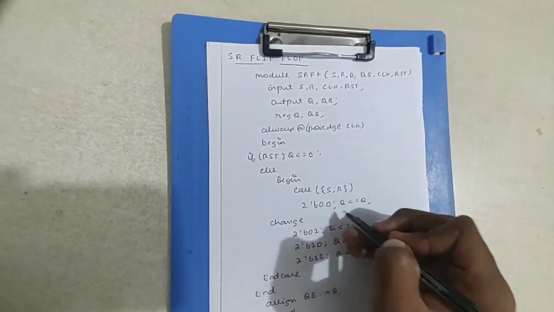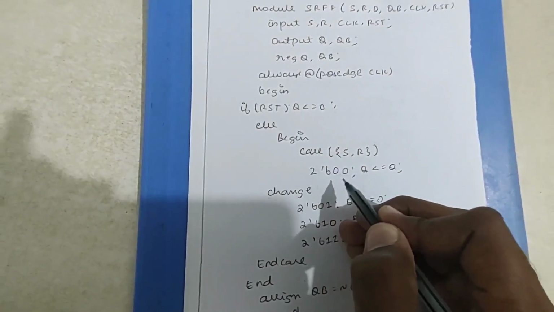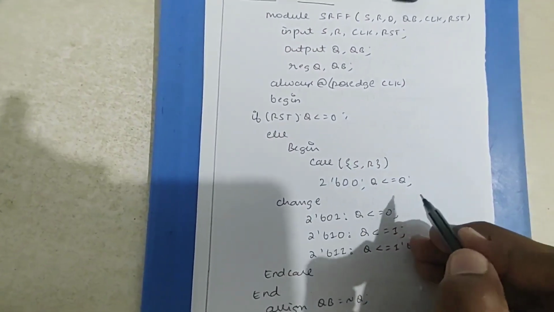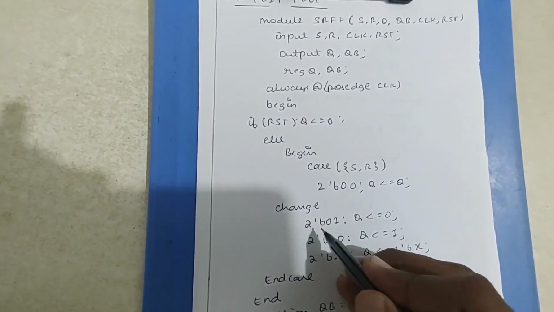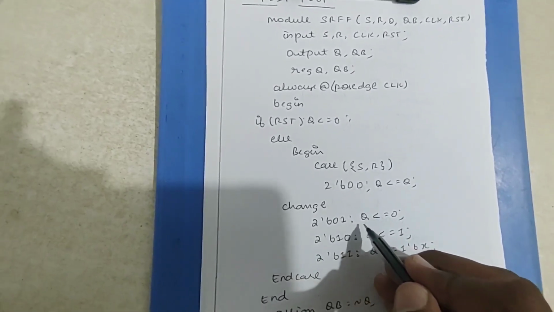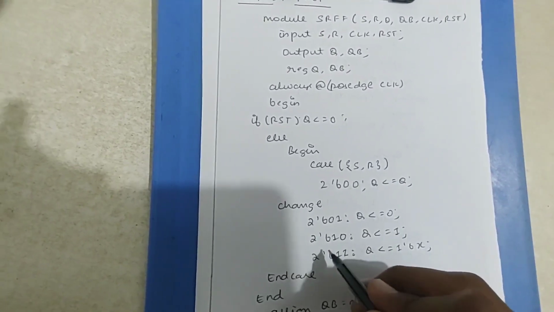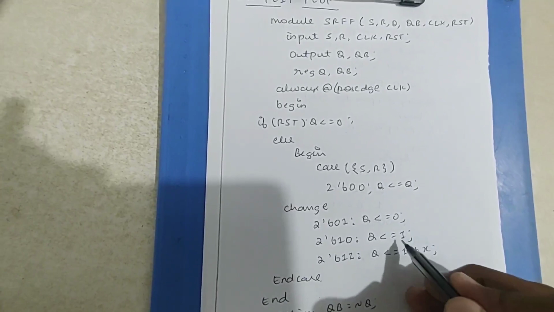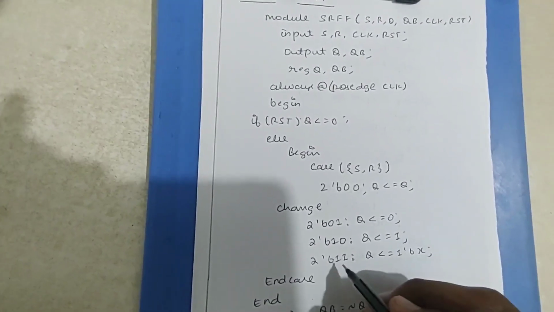If SR is equal to 2'b00, indicating no change, Q remains unchanged. If SR is 2'b01, indicating the reset operation, Q is set to 0. If SR is 2'b10, indicating the set operation, Q is set to 1.